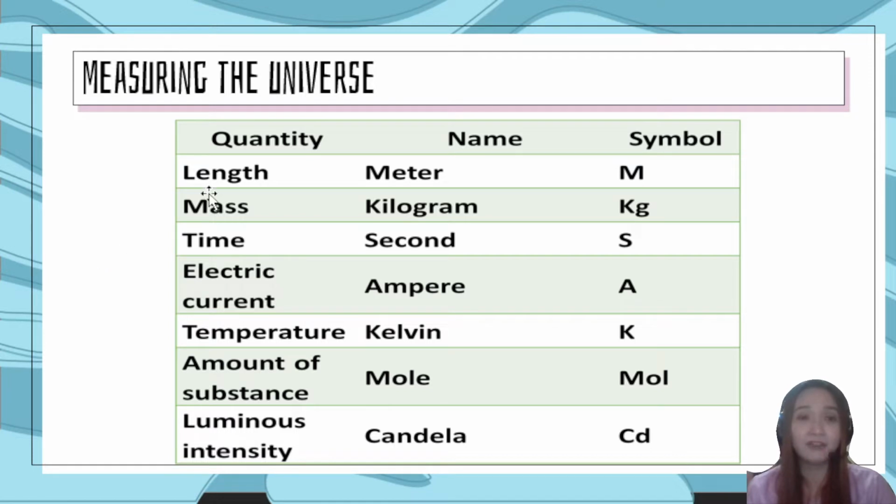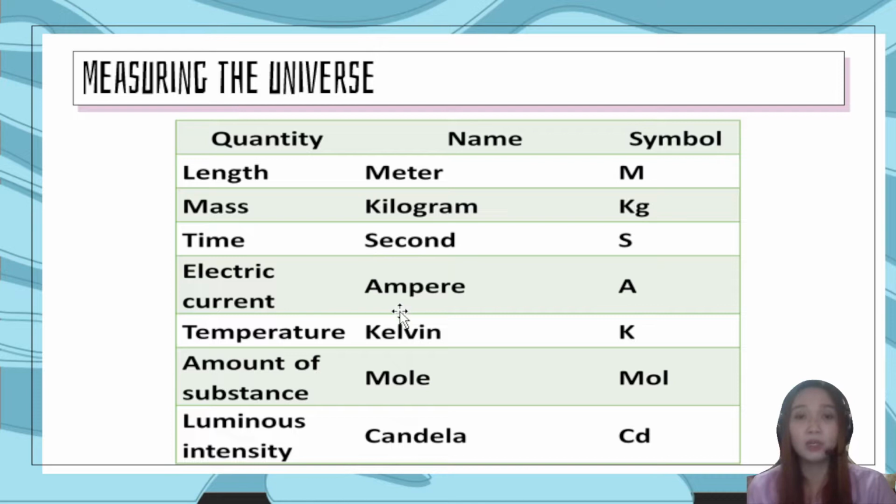So we have here 7 basic classification of physical quantities, namely length, mass, time, electric current, temperature, amount of substance, and luminous intensity. Okay? So the base unit for these 7 major physical quantities are meter for length, kilogram for mass, second for time.